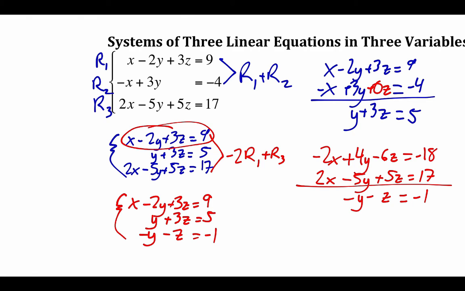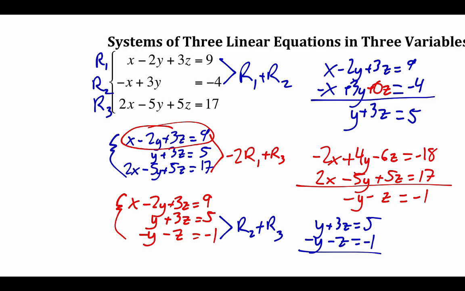The last thing we can do is combine rows 2 and 3 to get rid of the y value, so it's just down to z. So what we can do is add row 2 plus row 3. Row 2 is y plus 3z equals 5. And then row 3, we have negative y minus z equals negative 1.